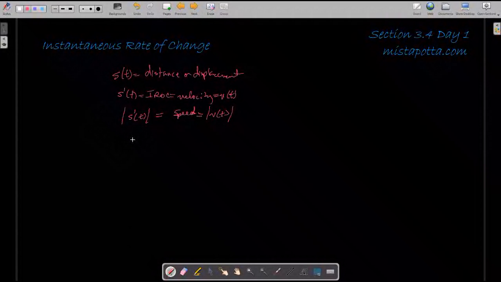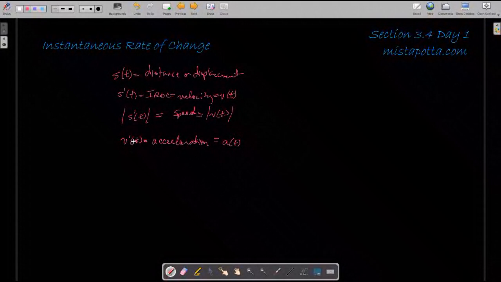So I can talk about the rate of change of velocity, my v prime of t. We usually call this change in velocity acceleration, and we usually give that the a of t designation.